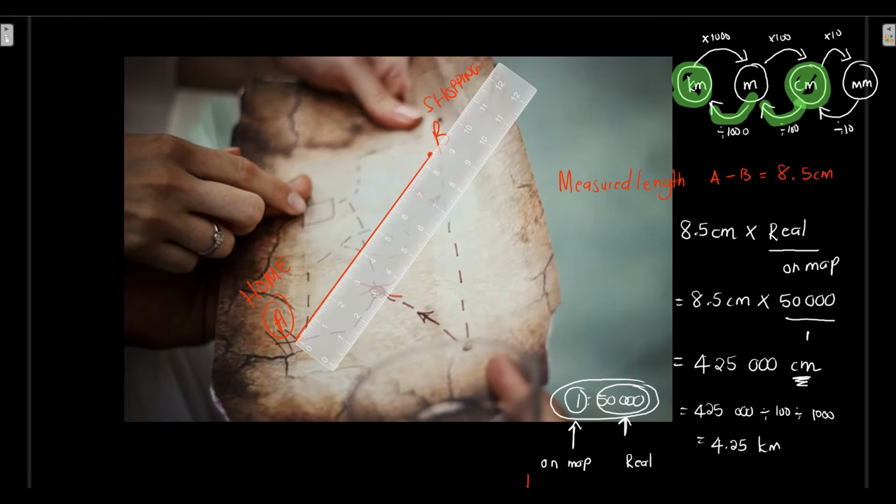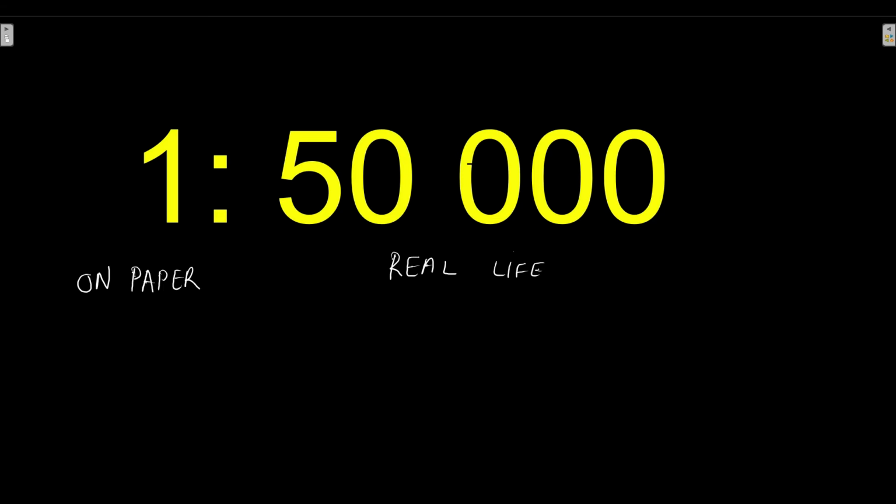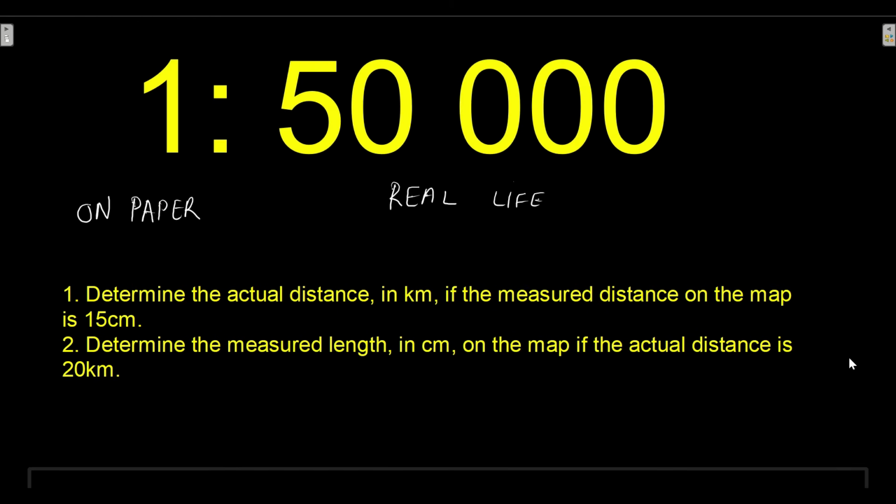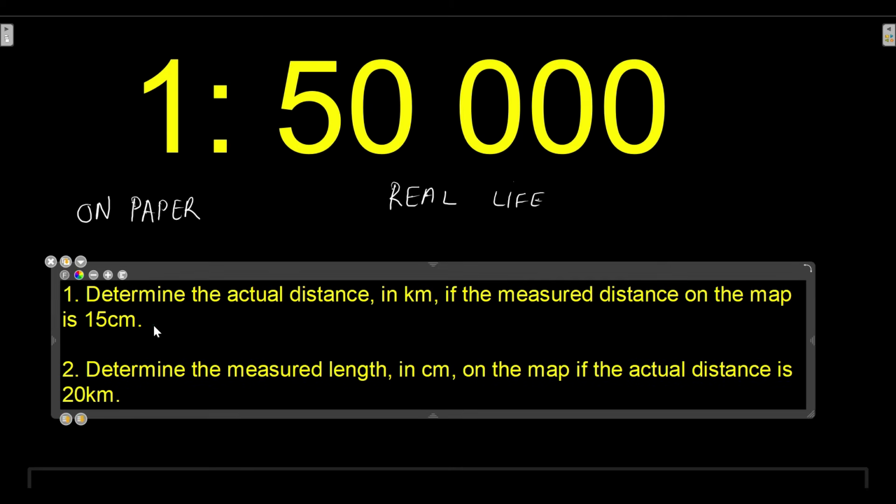Okay, so now let's have a look at these questions that I've written down for you guys. The first question says, determine the actual distance in kilometers if the measured distance on the map is 15 centimeters.